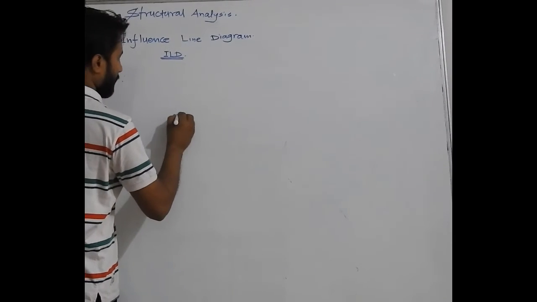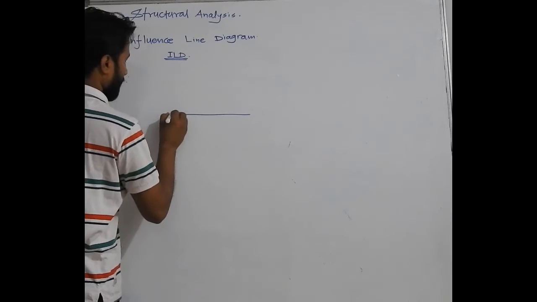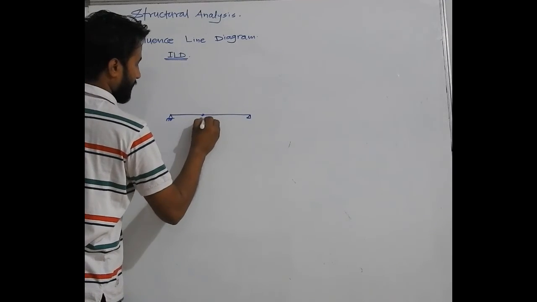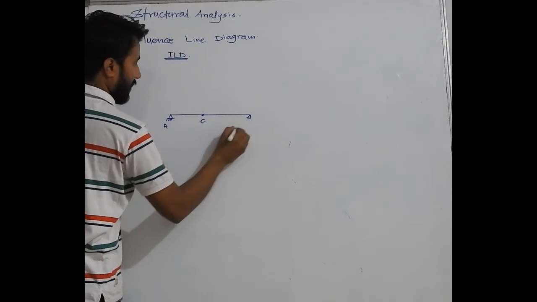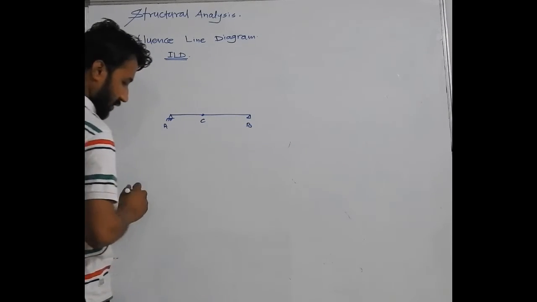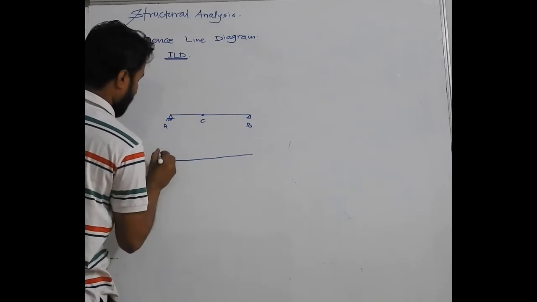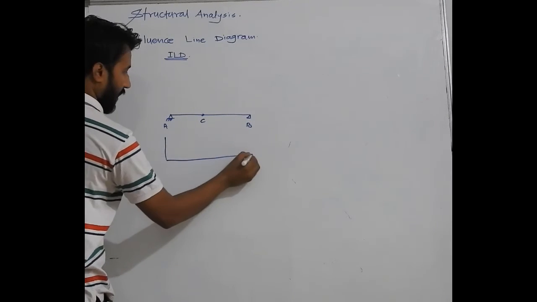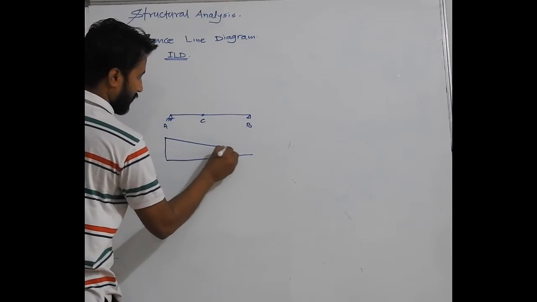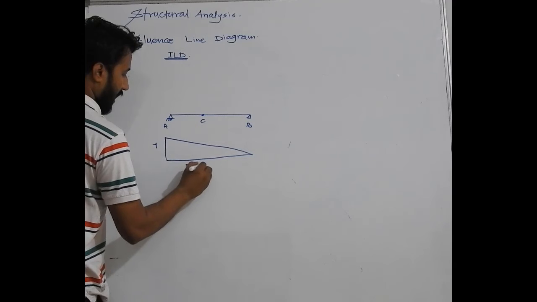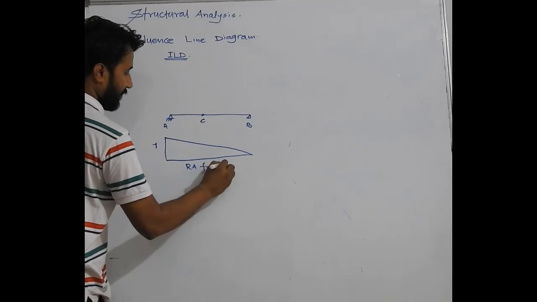For the sake of understanding, I am again drawing this A and B diagram having section C. This is A, this is B. Now we know that at A, RA will be 1, and at B, RA is 0. This is 1, this is RA for the influence line diagram.